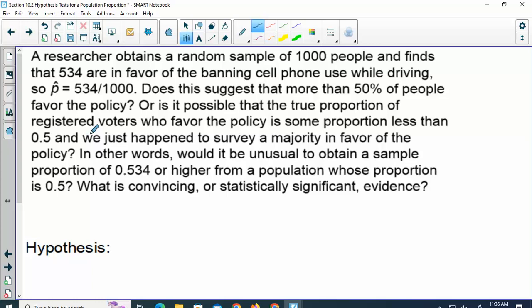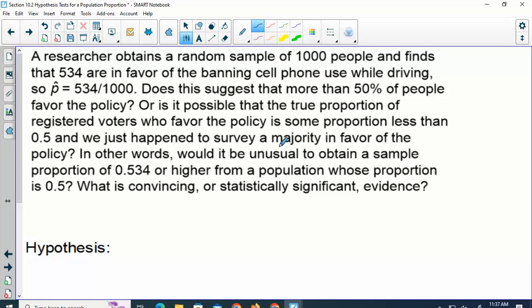Or is it possible that the true proportion of registered voters who favor the policy is some proportion less than 0.5 and we just happen to survey a majority in favor? In other words, would it be unusual to obtain a sample proportion of 0.534 or higher from a population whose proportion is 0.5? What is convincing or statistically significant evidence?